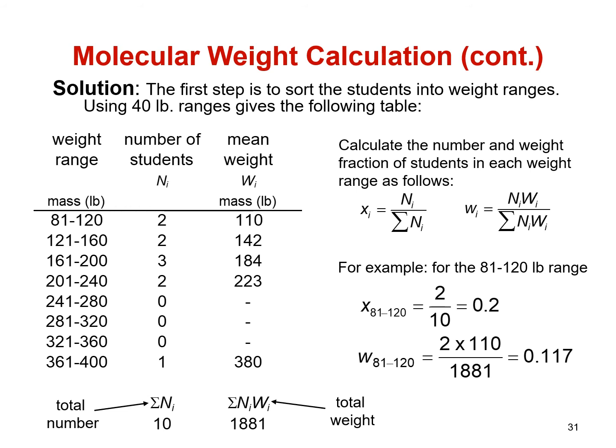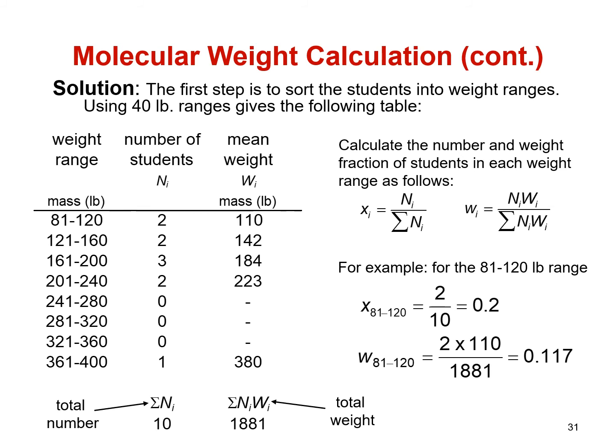So from the data we can have a range from 81 to 120 pounds, 121 to 160 pounds, 161 to 200, 201 to 240, 241 to 280, 281 to 320, 321 to 360, and 361 to 400. And the number of students are as given on the table based on the data given in the original question. And from there, we can calculate the weight mean or small letter wi.